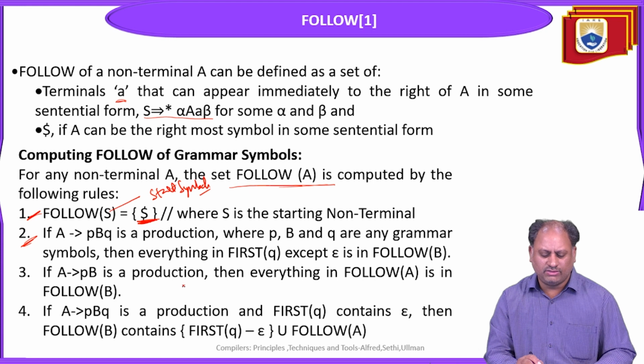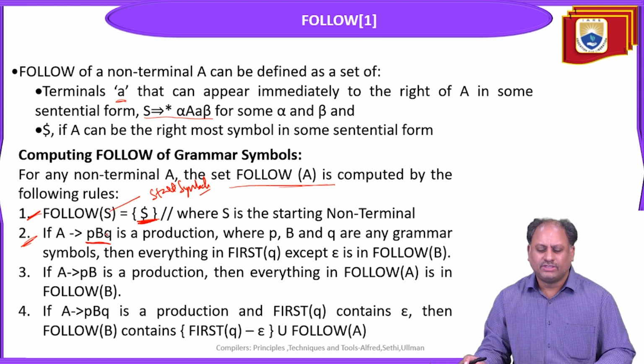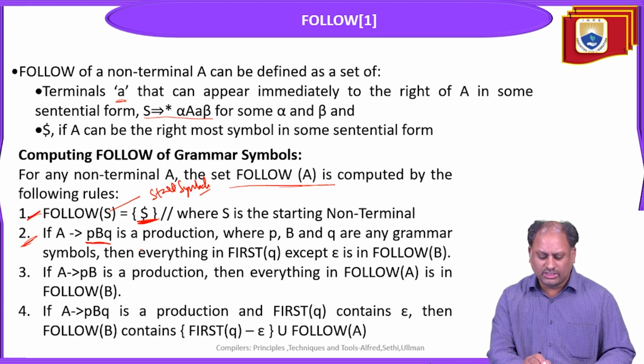If the production contains A derives small p, capital B, capital Q, then in this production we are going to calculate the first of Q. That means, for the follow of A, we verify what appears on the right-hand side of the production.